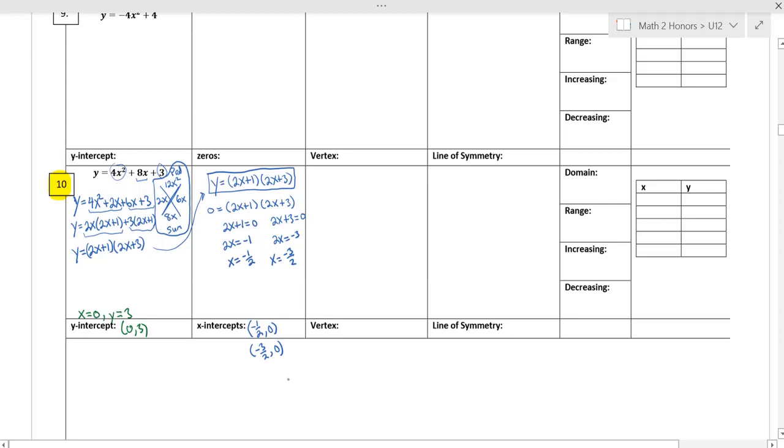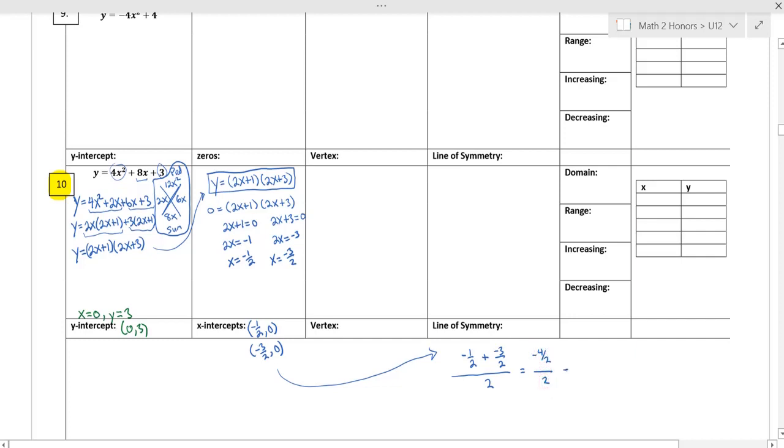Now from your x-intercepts, you can find the line of symmetry by averaging your x-intercepts. So if I take negative 1 half and add it to negative 3 halves, and then divide that by 2, that's how you average. That gives me the line of symmetry. So keep doing that. I get negative 4 over 2 over 2.